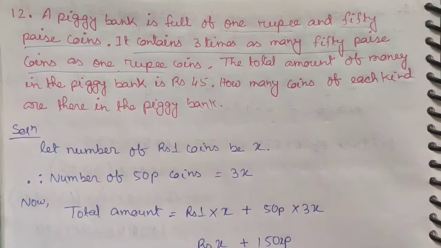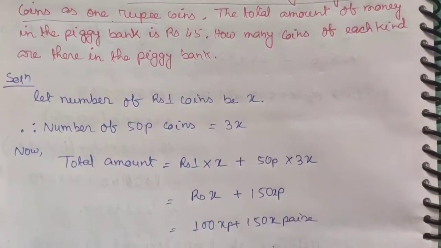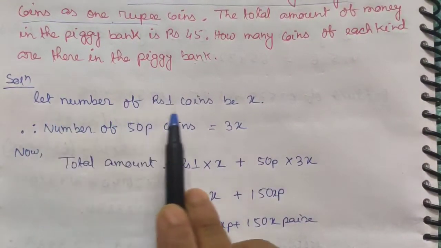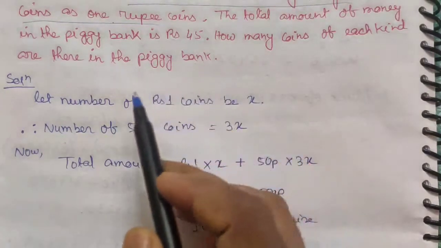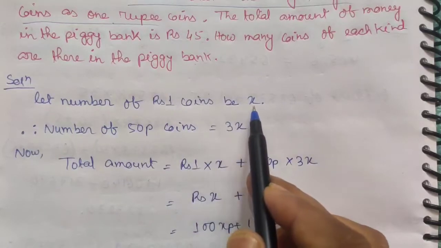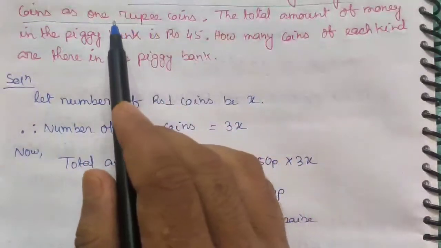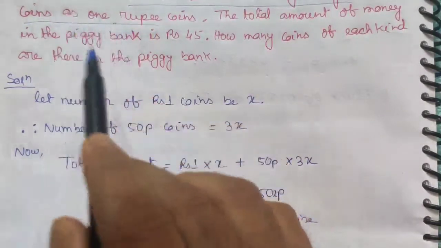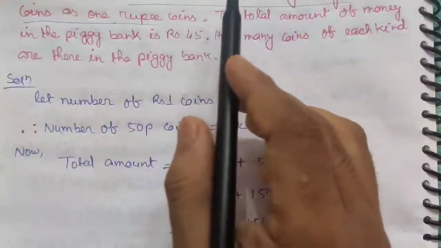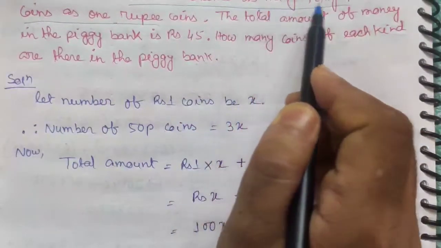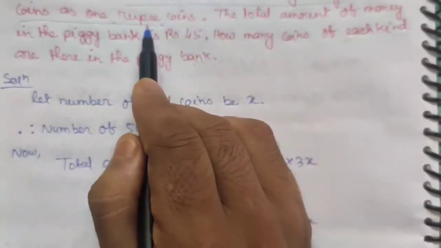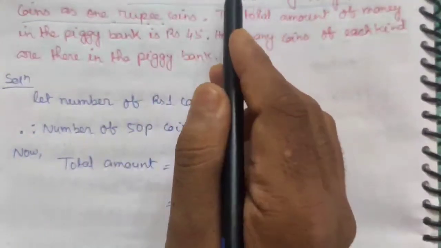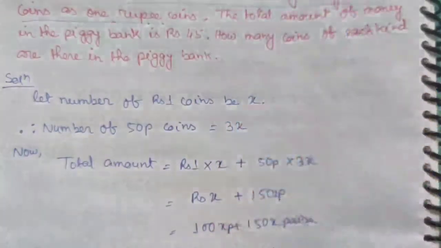First of all we will write the solution. Let the number of 1 rupee coins be x, because we have a relation based on this: 3 times as many 50 paise coins as 1 rupee coins. मतलब जितना भी 1 rupee coin होगा उससे 3 गुना 50 paise coins होगा.